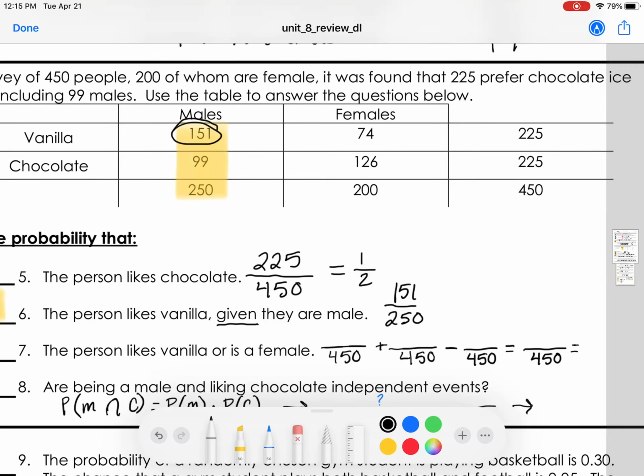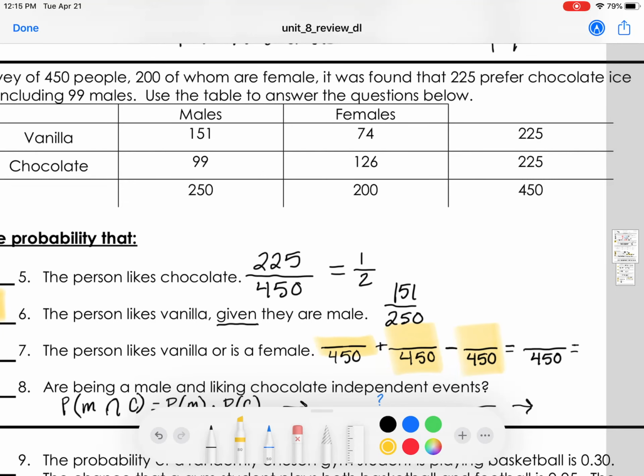In number 7, it says to find the probability that someone likes vanilla or is female. So if you remember, I've already set this up with the formula for the probability of A or B. You take the probability of A, plus the probability of B, but then you subtract the overlap where that's A and B together because we don't want to count them twice.